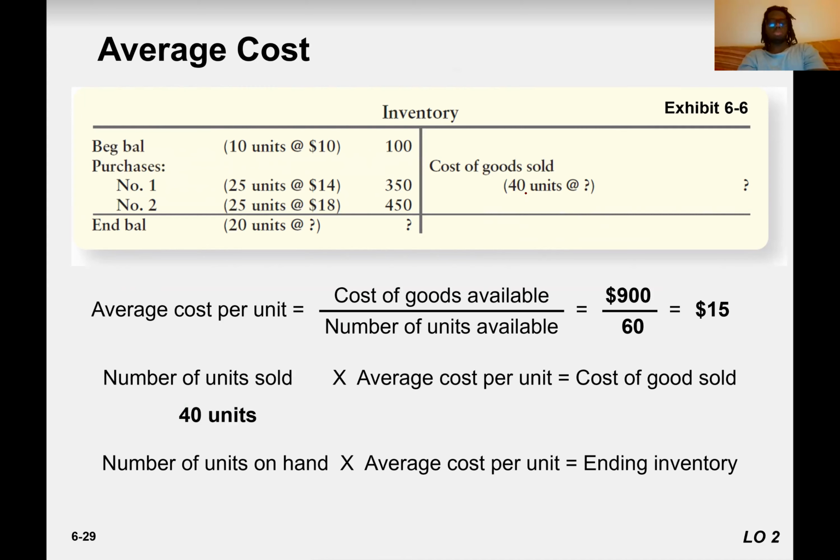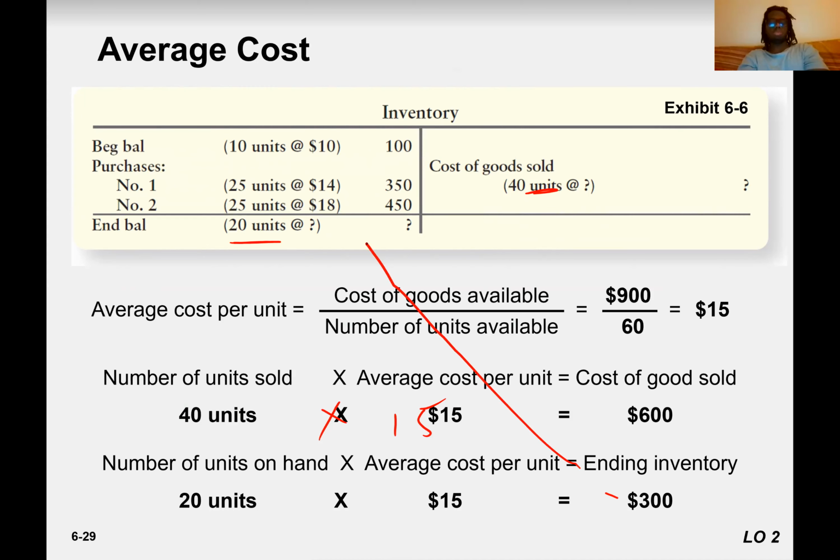So what is the cost of those 40? 40 multiplied by 15 is 600. And how many units do we have right now? 20 units out of 60. And what is the cost? Multiply by 15. So here it is 300, and cost of goods sold is going to be 600.